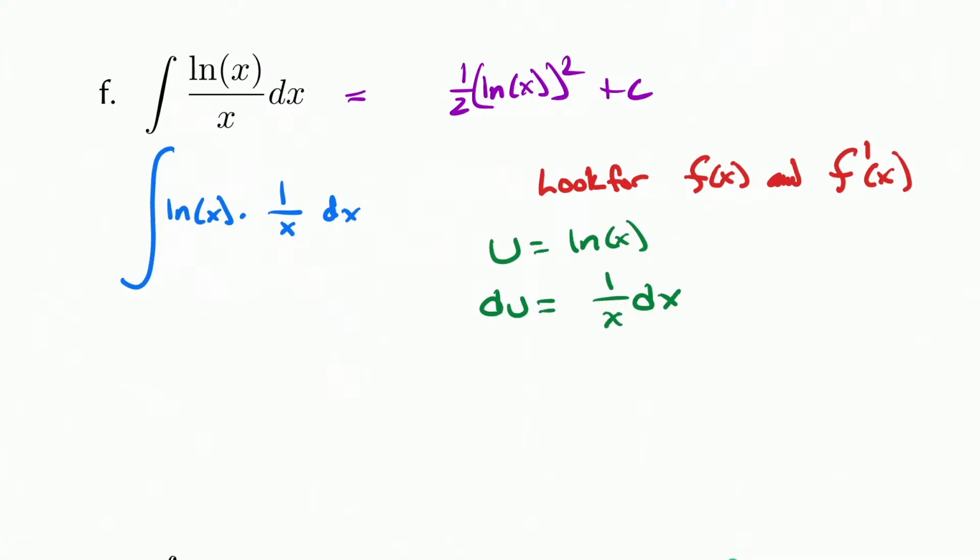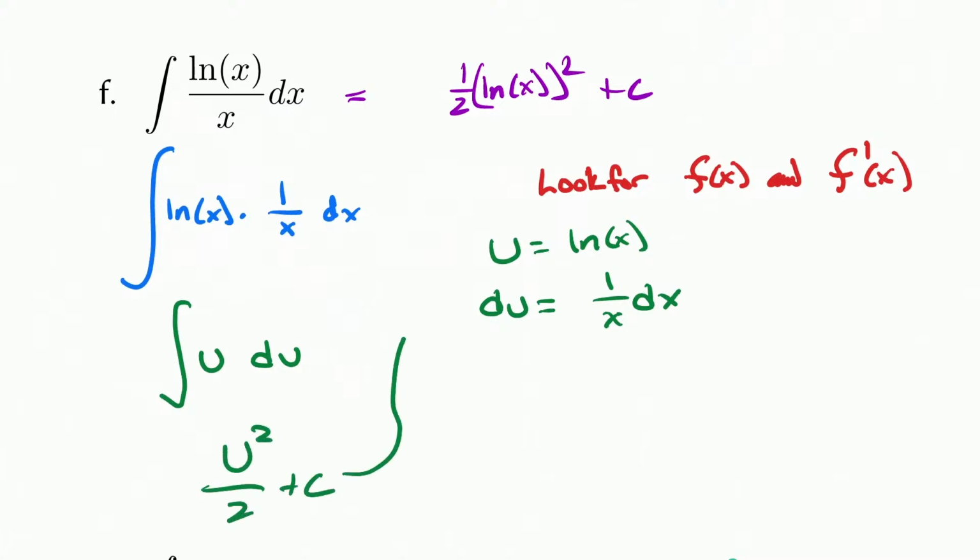It almost is too easy now, isn't it? You can see exactly why that's the answer up there, but let's go through the motions. So you have u du, and then you just do the antiderivative of u, which is super easy. U squared over 2 plus c, and when I put the substitution back in, I get that.